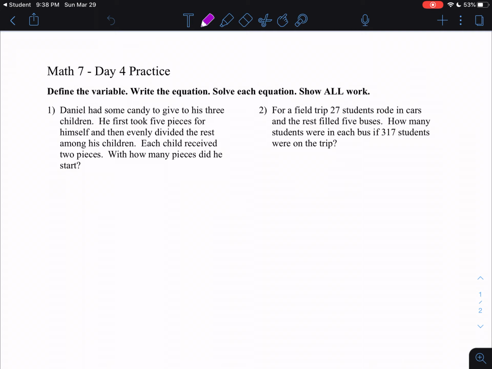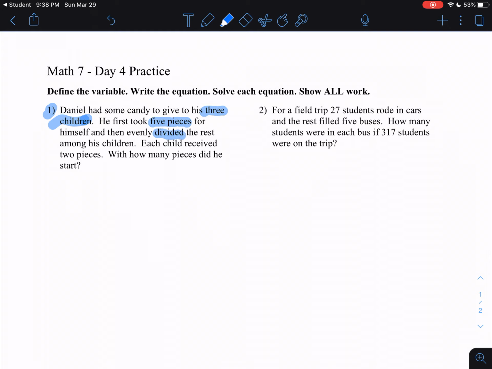Okay. So number 1 here, I did an example of that on Friday in the video. So you should have that, but let's just talk about some strategies here. Daniel had some candy to give his 3 children. So that means that we're dealing with a 3. He took 5 pieces for himself and then evenly divided the rest among his children.